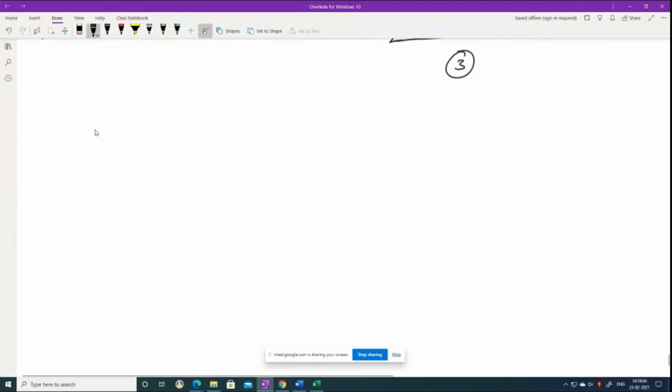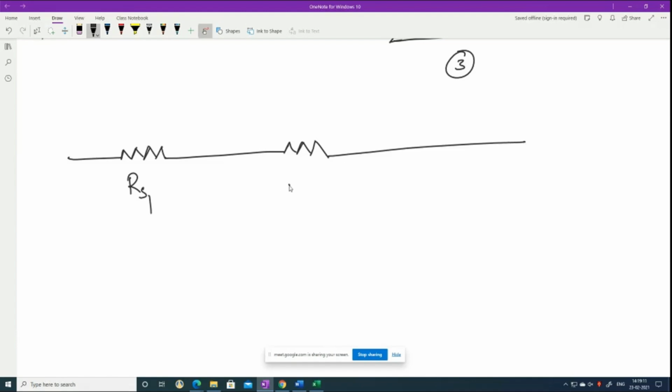So here you will have a different kind of radiation circuit. I'm drawing it here. Observe it carefully. First, I have drawn RS, this is my RS1. And then here, I'm drawing R space.